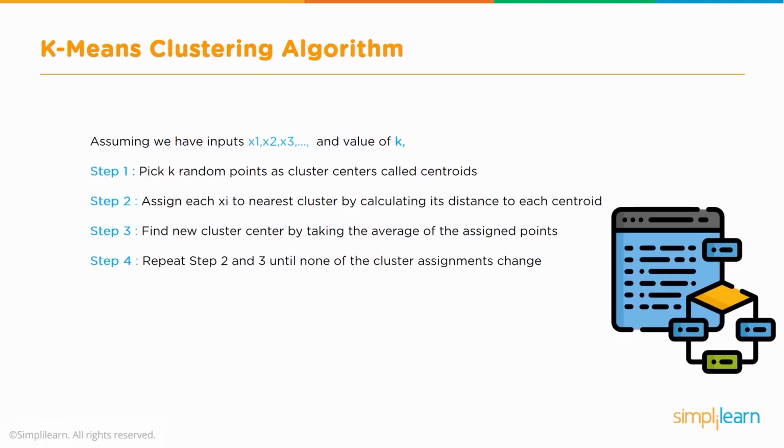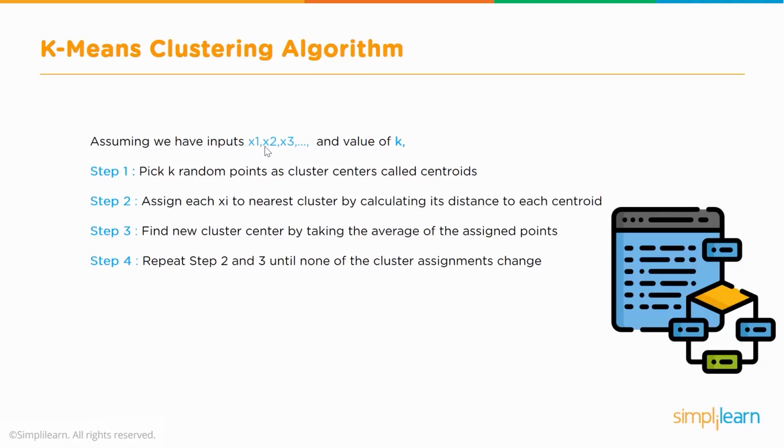And we calculate the distance of each and every input point from each of the centroids. So the distance of x1 from C1, from C2, C3, each of the distances we calculate, and then we find out which distance is the lowest and assign x1 to that particular random centroid.